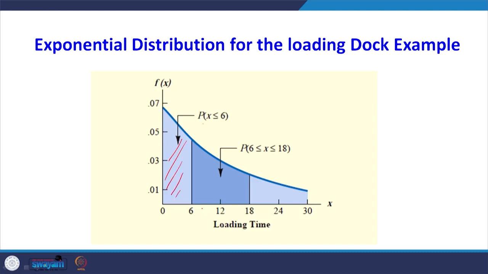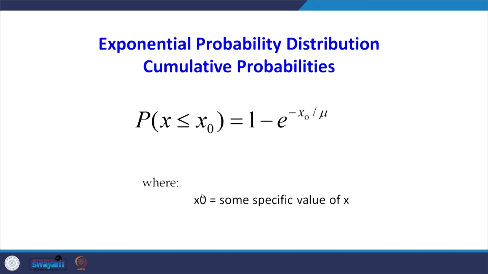The probability of loading time between 6 and 18 is this one. This shaded portion represents the probability that the loading time is between 6 and 18. Because in many applications of exponential distribution we will use the cumulative probability density function.